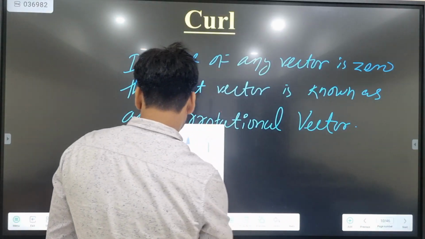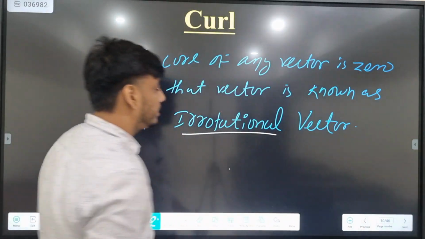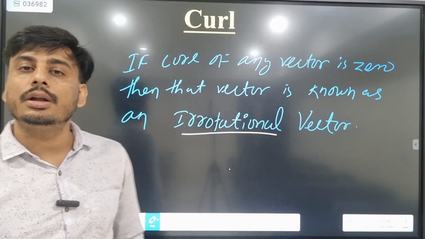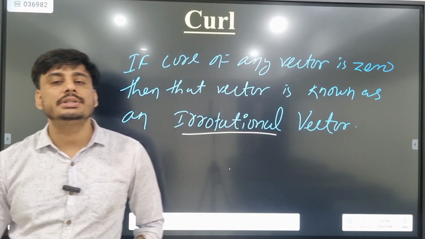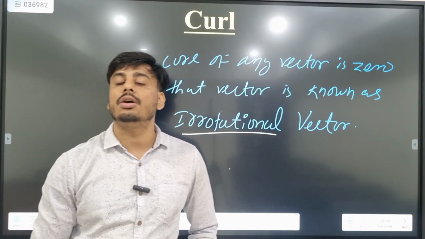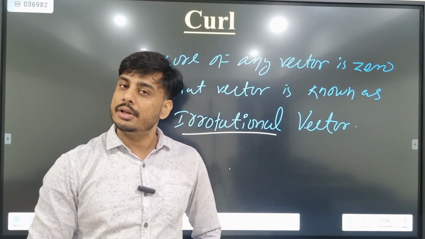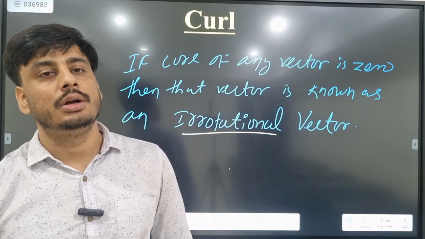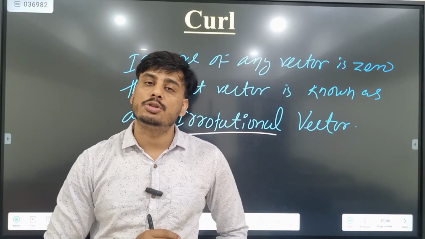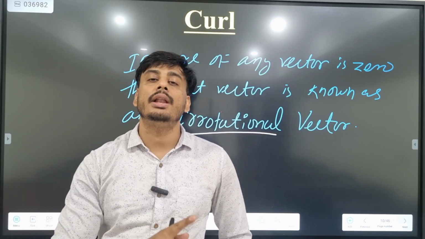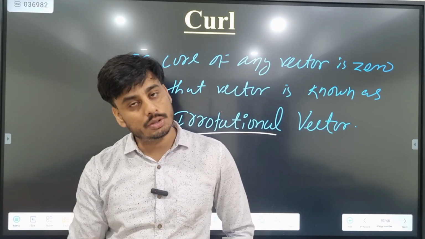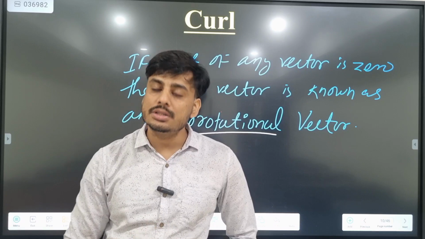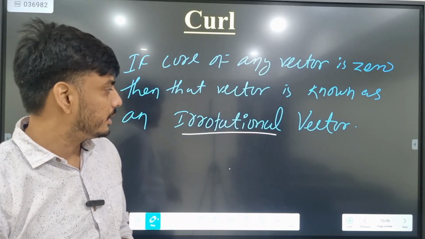This is very important for short questions. What is an irrotational vector? What is a solenoidal vector? In numericals also you may get questions like that. Check whether it is irrotational or solenoidal. If solenoidal is asked, you have to find out whether del dot that vector is 0 or not. If irrotational is asked, you just have to find out whether the cross product of del with the given vector is 0, that is irrotational. If it is not 0, then it is not an irrotational vector.